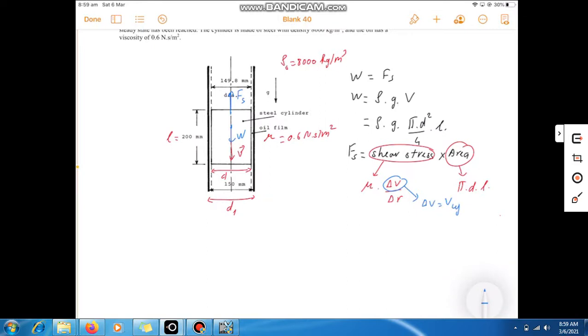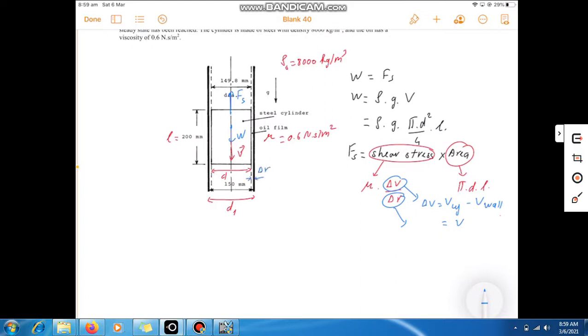So delta V equals V of the cylinder minus V of the wall, and the cylinder moves with the velocity V. V of wall is 0, so delta V is equal to V, the velocity of the cylinder.